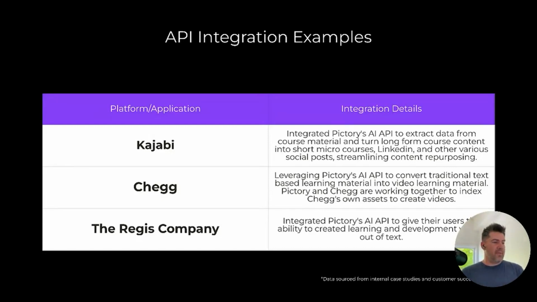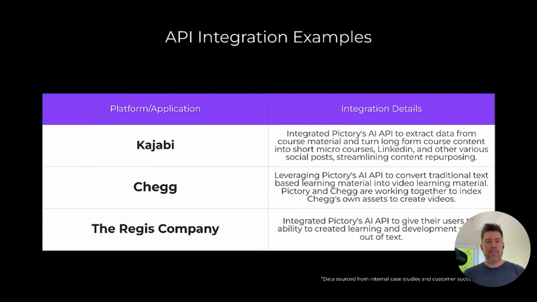So the Kajabi use case first. Kajabi has integrated Pictory's video summarization API. Basically what they allow their customers to do, their heroes as they call them, is upload their course content within their Creator Studio platform. You can go in and summarize your course. So I'm an avid golfer, maybe I'm teaching people how to play golf, and I've got 60-minute courses on the grip, the stance, the ball striking, whatever it ends up being.